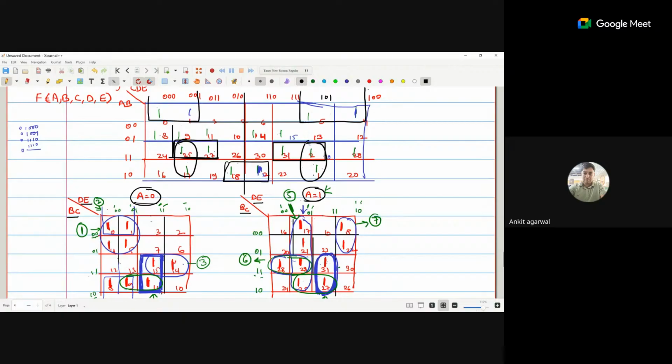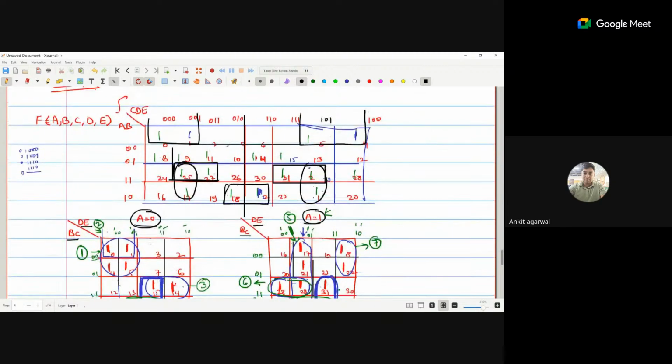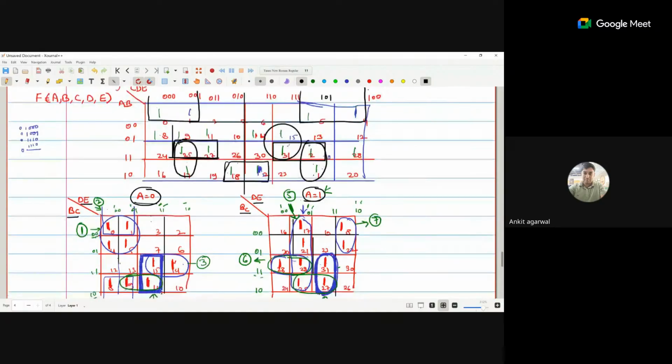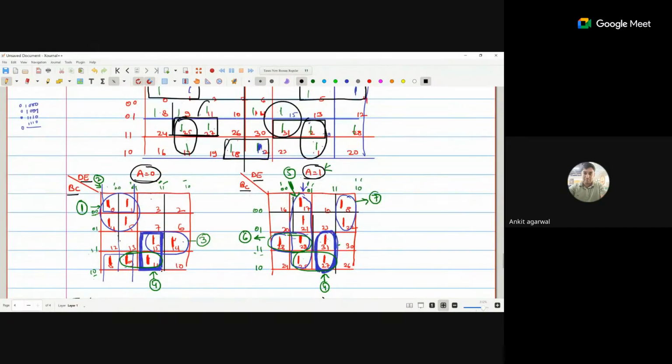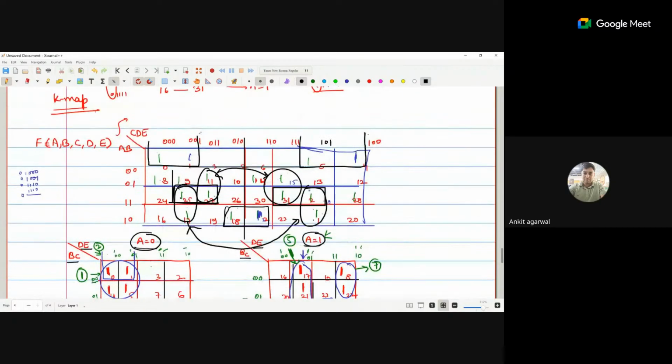Okay, this will create a group. This will create a group. This is a single group. This one is a single group. This one is a single group.